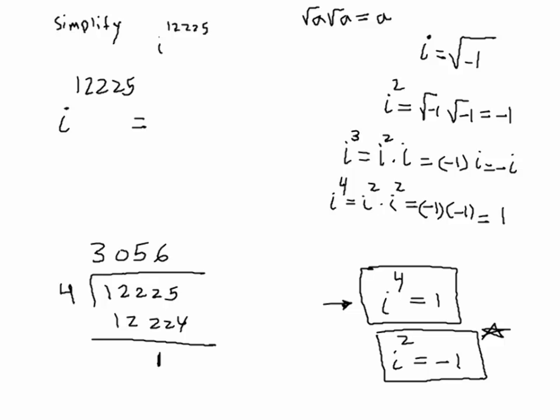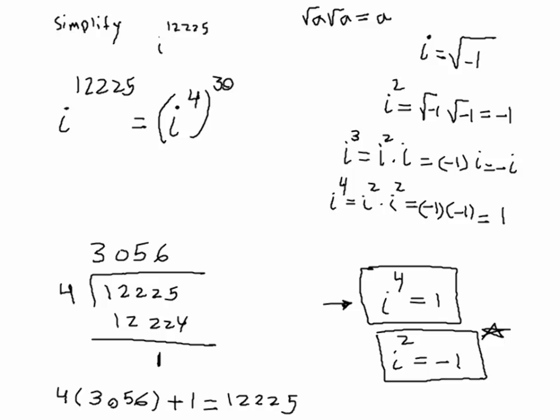So what that means is 4 times this number, 3056, plus 1, the remainder, would give me 12,225. So if I want to write that, it is i to the power of 4 raised to the power of 3056, times another i to the power of 1.